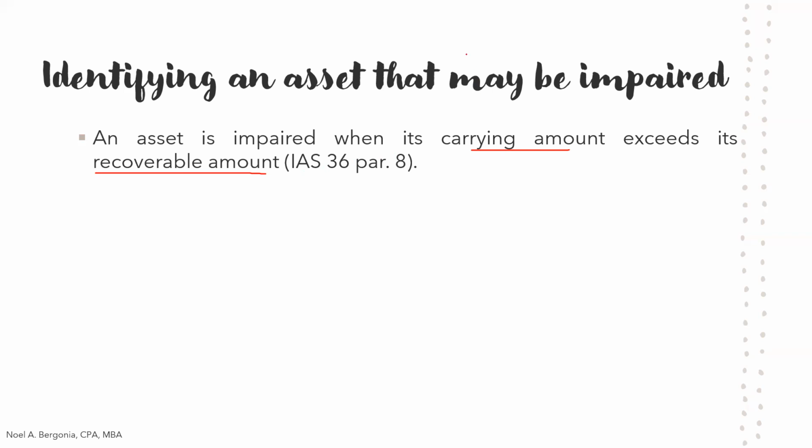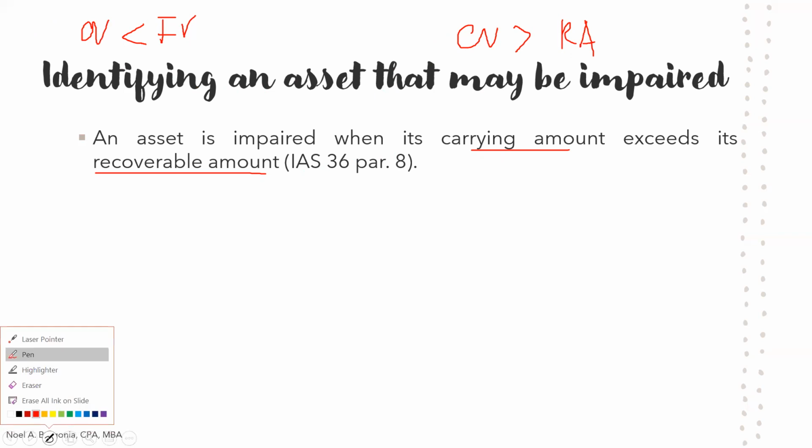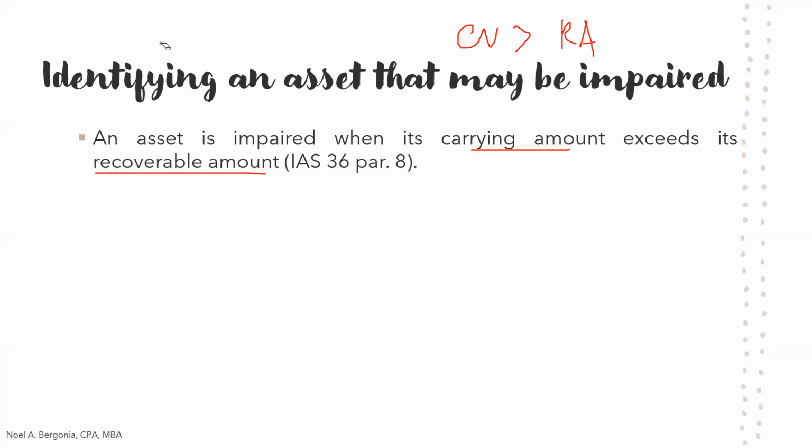But in this case, if the carrying value exceeds the recoverable amount, then there would be an impairment loss. Last time in our discussion on the revaluation model, we have a revaluation surplus if our carrying value is less than our fair value. But here in impairment, we need to check the recoverable amount. We will be discussing that later.